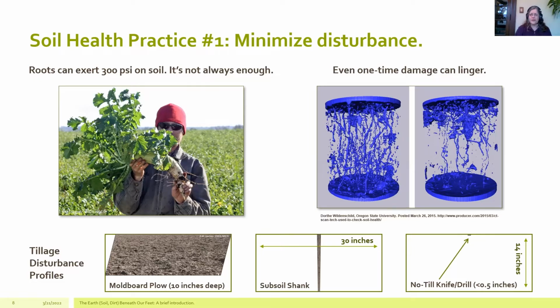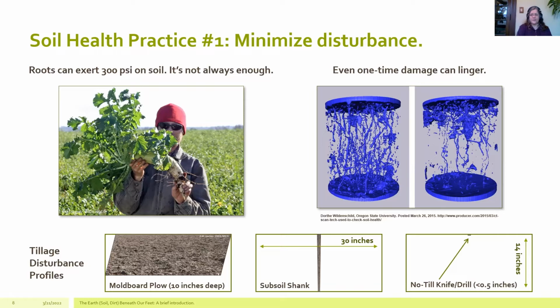but still that layer had formed and this radish couldn't penetrate it. So if you really don't want to disturb the soil much, you would, and you have to plant something, cover crops, a prairie seeding, you know, anything like that. A no-till drill and knife is only going to disturb about the top half inch and only about a half inch wide. And those boxes represent standard corn row spacing.